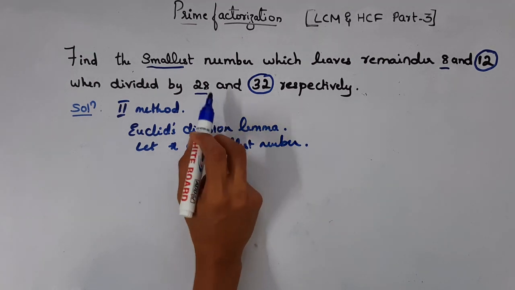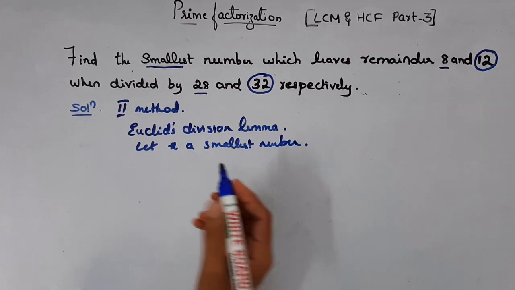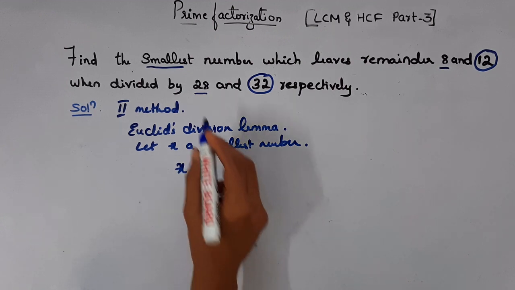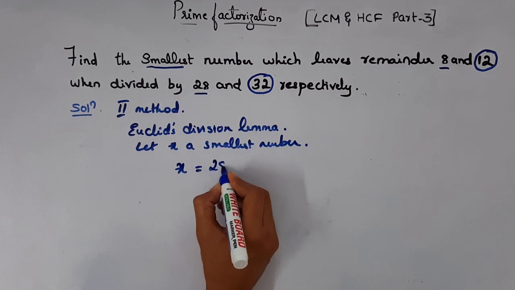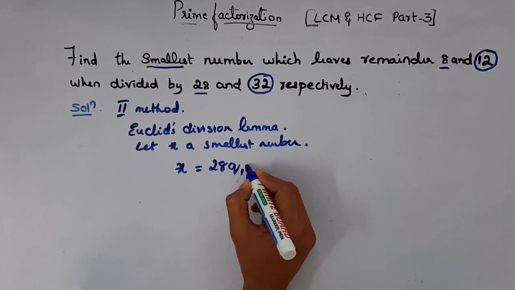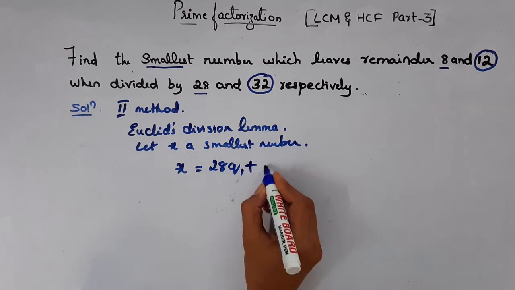So apply Euclid's division lemma for 28 and 8. So that is x is equal to, this is the divisor, so 28 q1, some quotient q1, plus remainder 8.